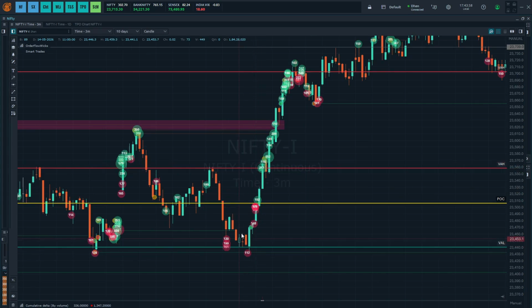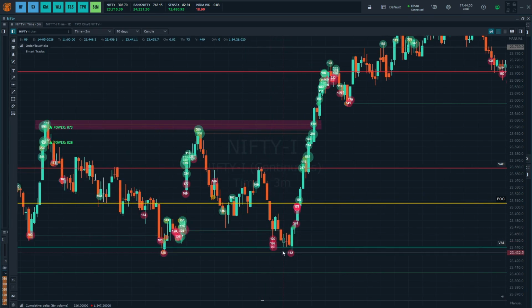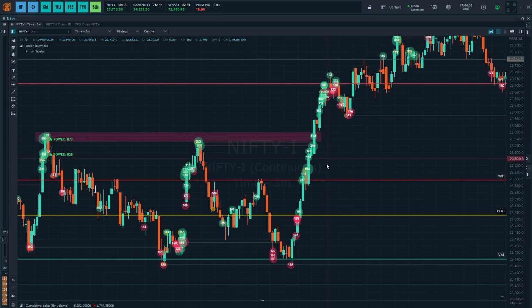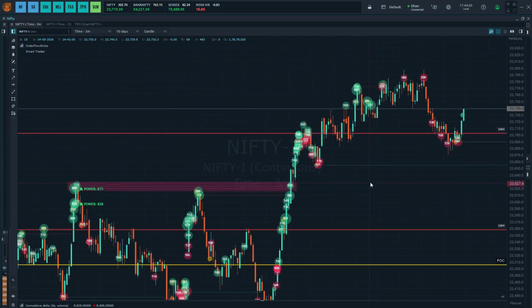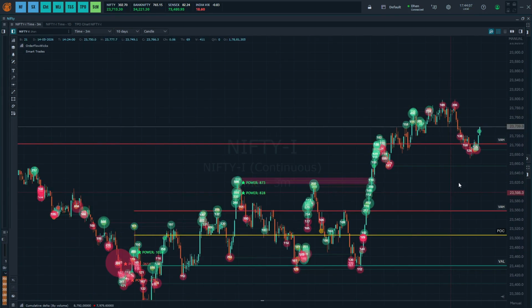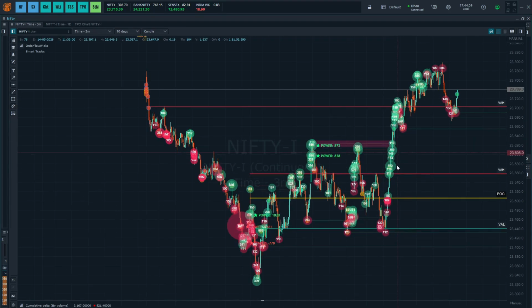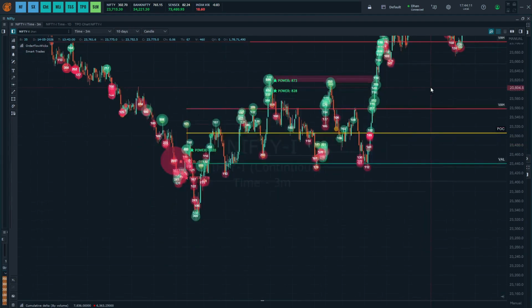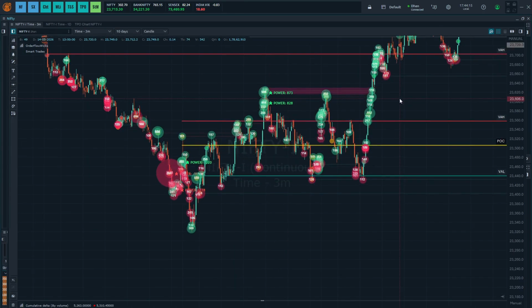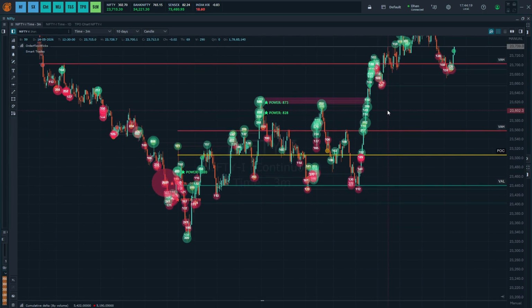Okay, so we can see even though there are big trades of selling, the price is not able to go down. Here we got the breakout. So this is the way you can identify different levels with respect to auction market theory, meaning the volume, the market profile, and how the price has reacted at the market profile, you can easily identify with respect to this indicator.